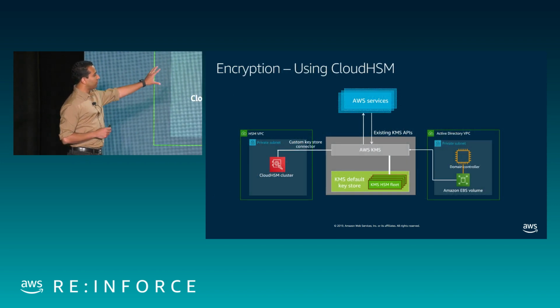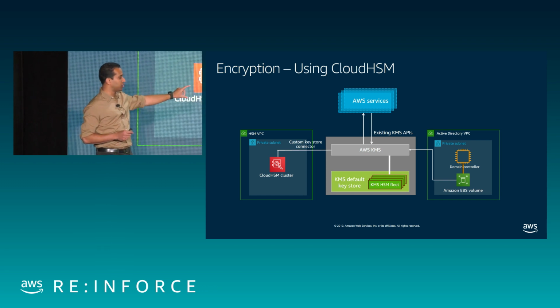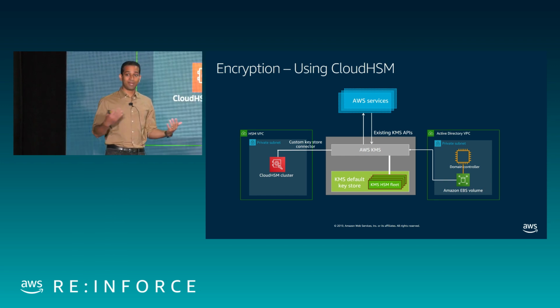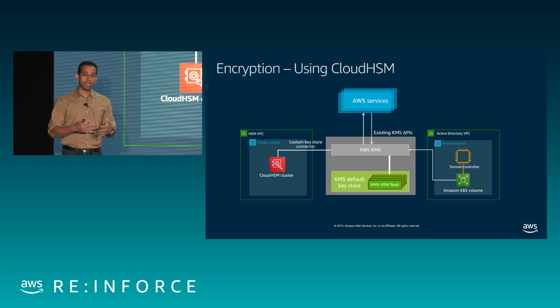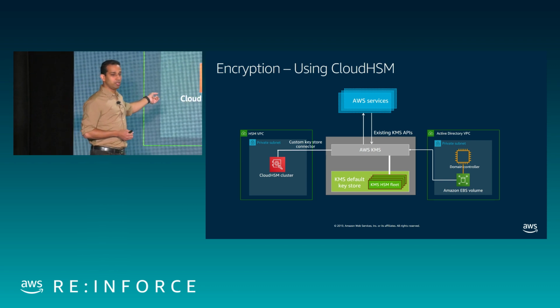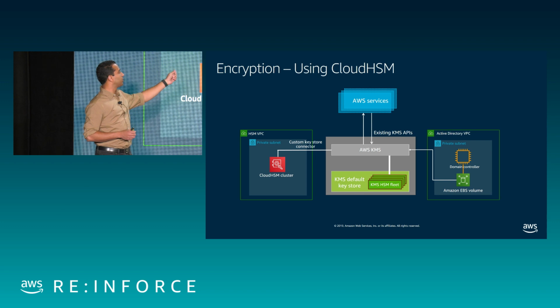So this is kind of our KMS service. So you have the KMS service, and then you have what we call the HSM fleet. So KMS is a shared service, so all the customers' keys are still managed in a hardware security module, but it's combined and co-located into a fleet that we manage. If you prefer to manage your own keys in your own cluster, you can create what's called a Cloud HSM cluster. You can keep the keys there, and then connect that to the KMS using what we call custom key store.